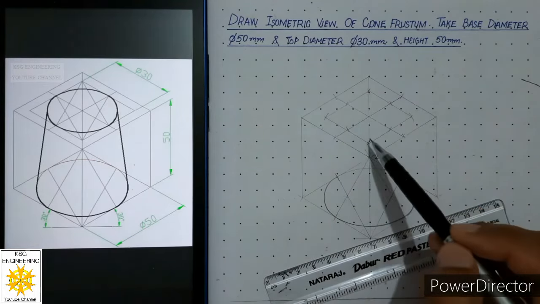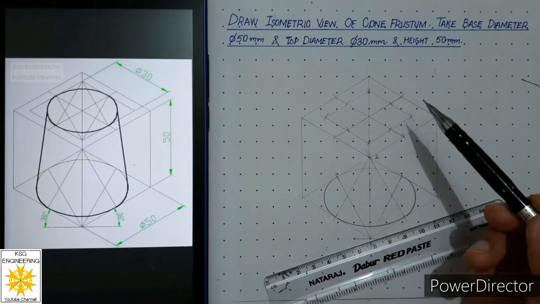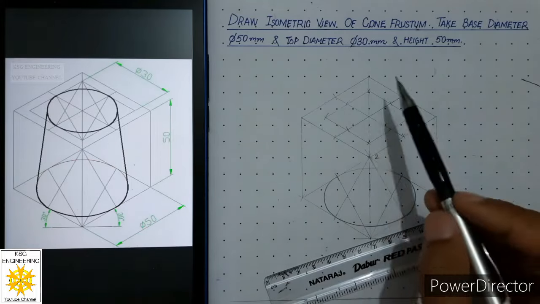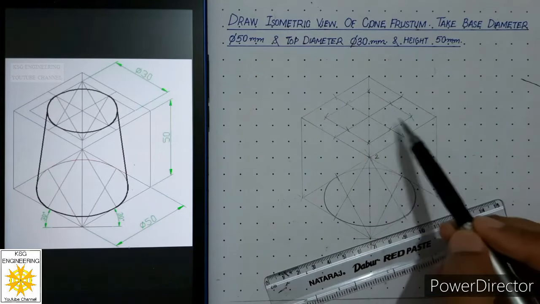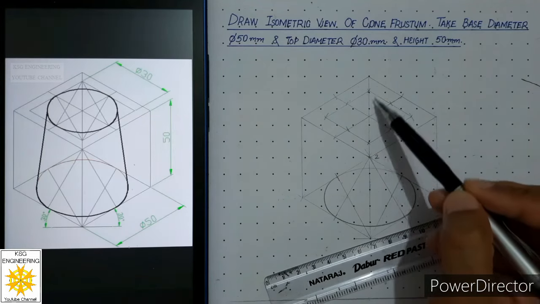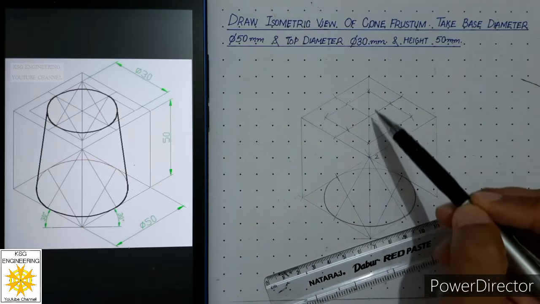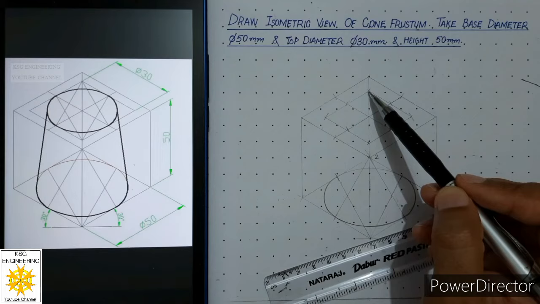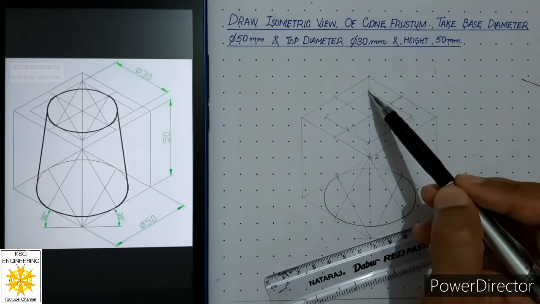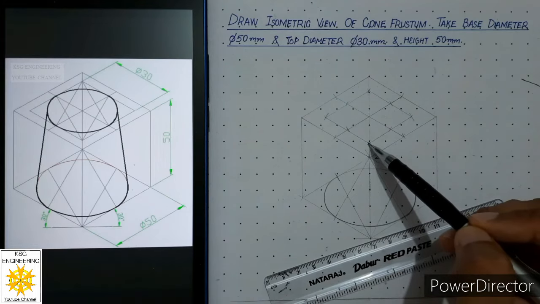Now in this box of 30 by 30, we will apply the 4 center method to get this ellipse of 30. So we have 4 corners and we will target those corners which are of shorter diagonal. So this is center number 1, this is center number 2. And we have to mark the midpoints of all the sides, and we have already marked the midpoints. So from the first center, draw a thin line to the midpoints of opposite sides.